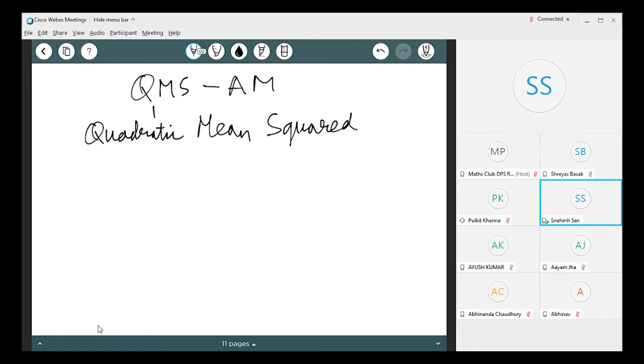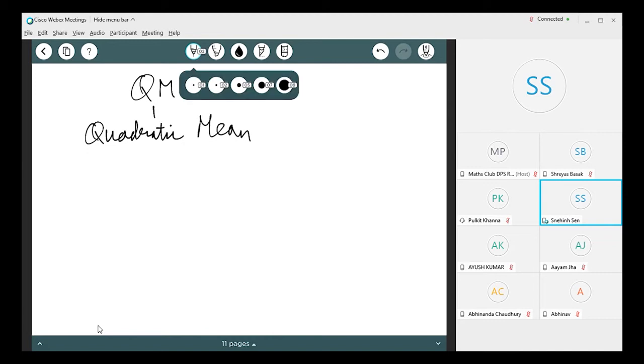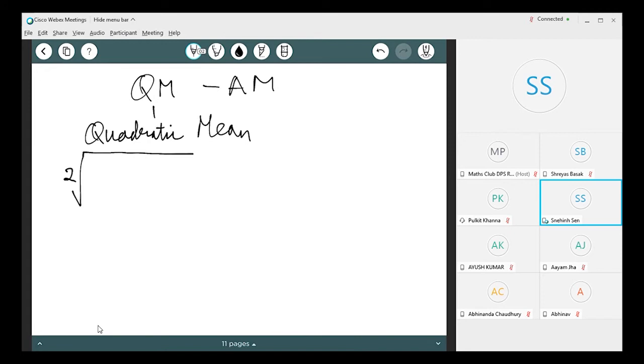The quadratic mean is defined as the quantity second root of a1 square plus dot dot dot an square by n. This is called the quadratic mean, or QM.